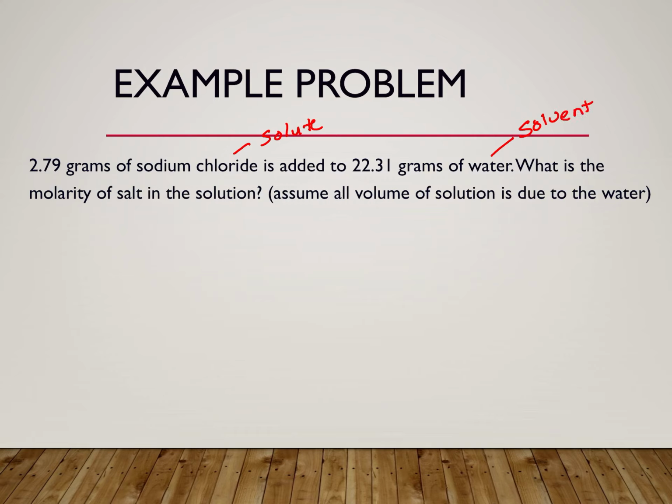So the first thing that we're going to need to do is we're going to need to take our grams of our solute and turn that into moles of our solute. So we have 2.79 grams of sodium chloride, and we can turn that into moles just by using our molar mass. So 58.44 grams of sodium chloride per 1 mole.